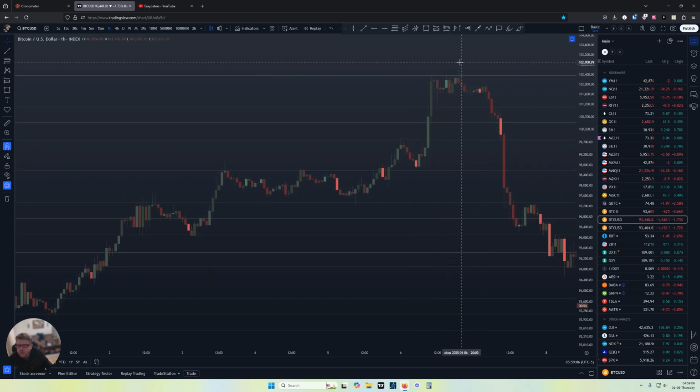It wicked through, put in a higher high above here, executed, ran any buy stops above here for people wanting to get in long. Anybody that had already shorted would be stopped out, and then it reversed here.